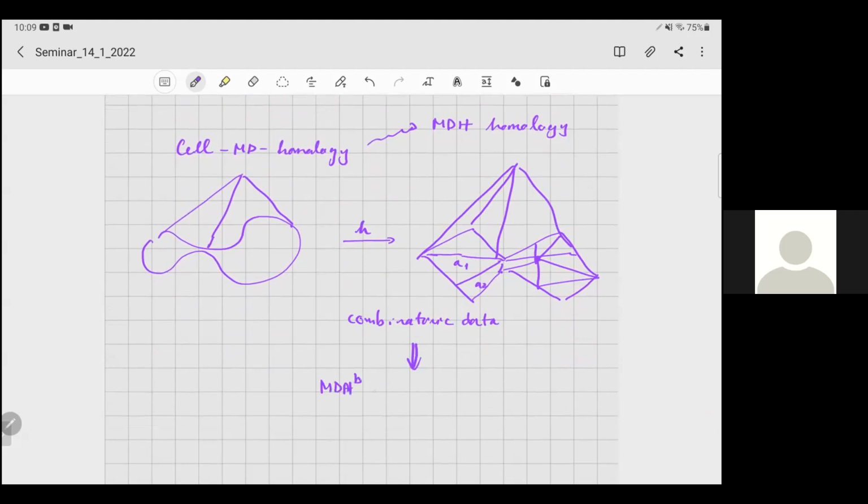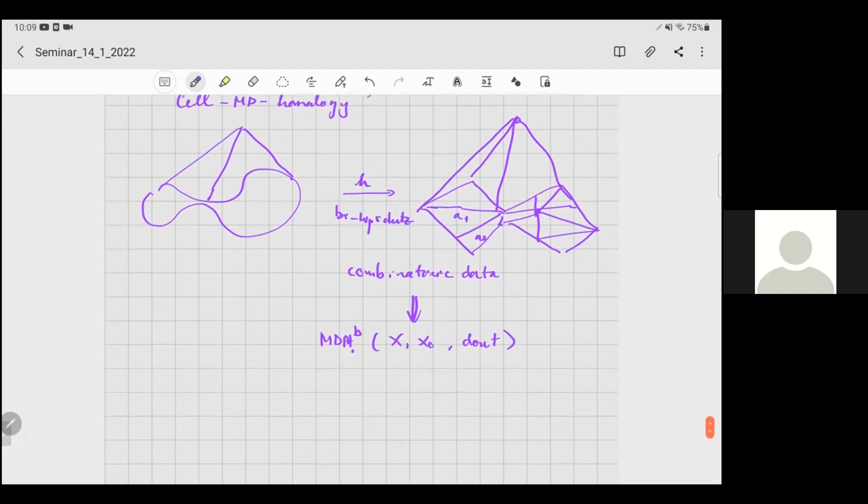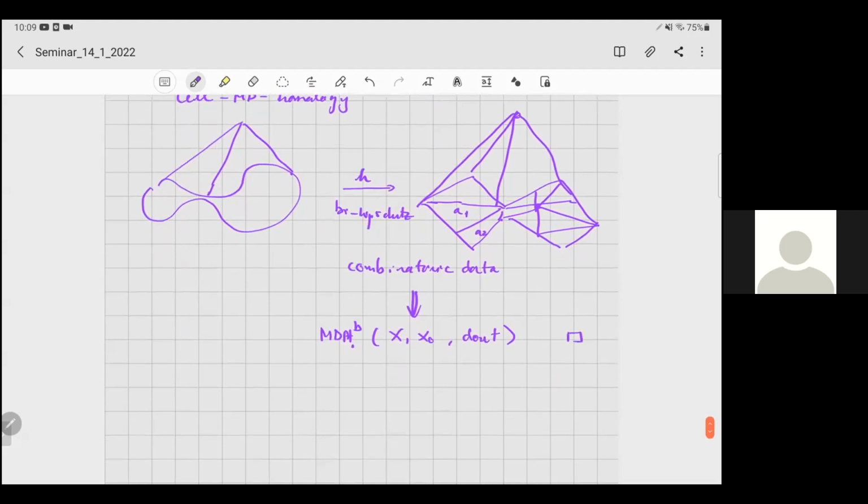Homology P of x0 with the parameter B. It means you just give me B, I will tell you exactly what the MD homology is, because this is bi-Lipschitz. So yeah, actually we can do that. Okay, so I think I will stop here. Thank you very much.